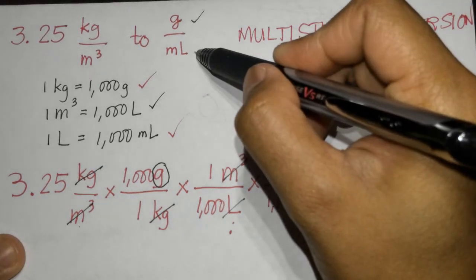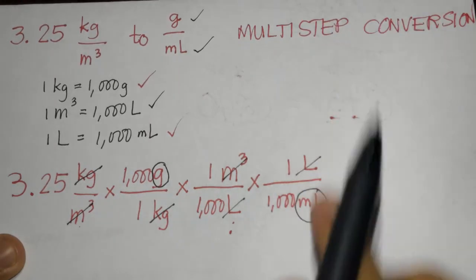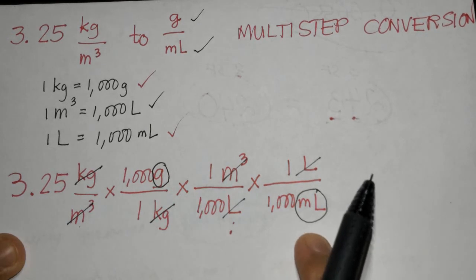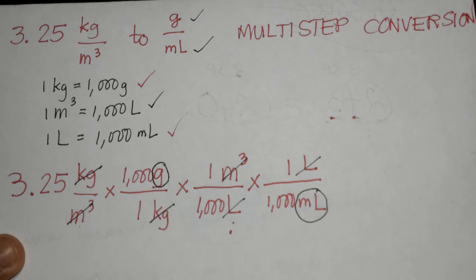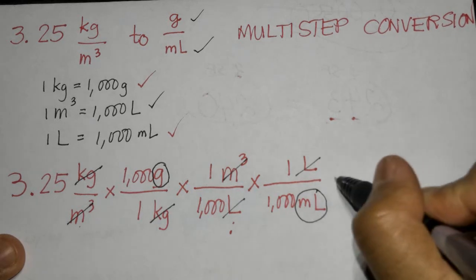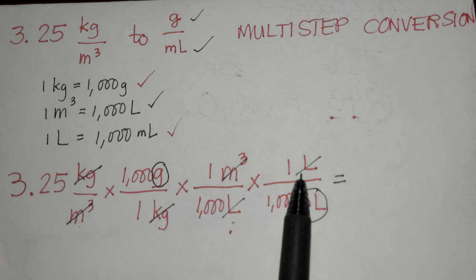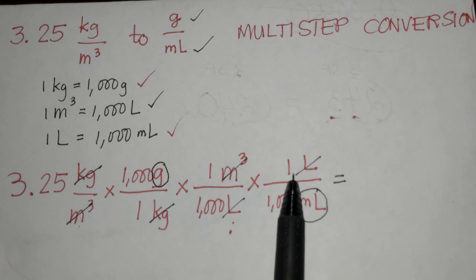Is ml at the bottom for this unit? Yes. So that means you are assured that you have placed all the values correctly. And once you're sure of that, this is the time you're going to go to your calculator. Okay? Are we ready? So now you put equal sign. Let's multiply first everything in the numerator, all on top.